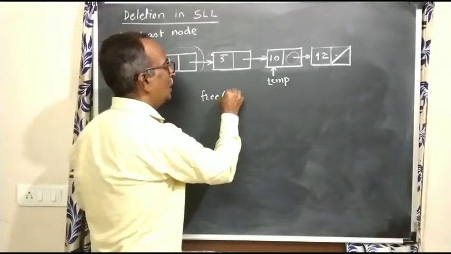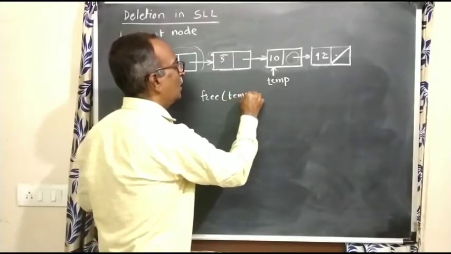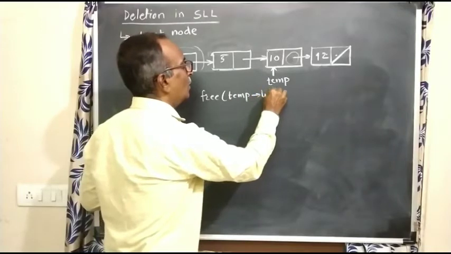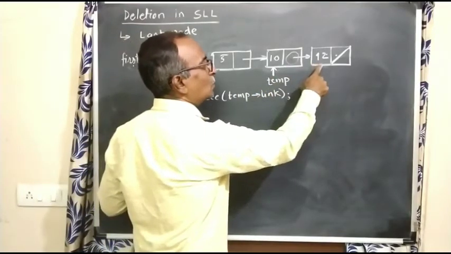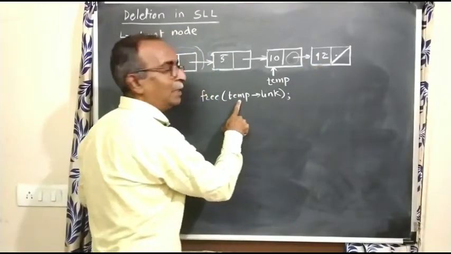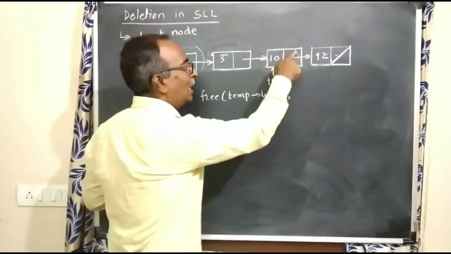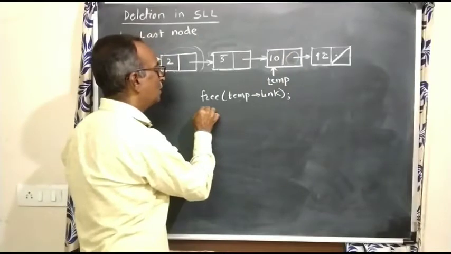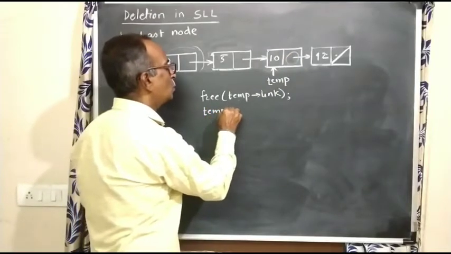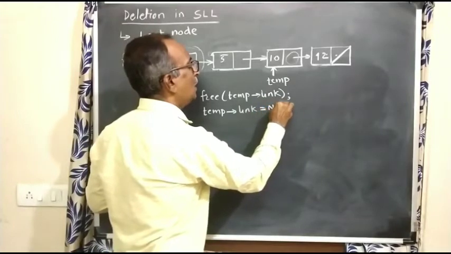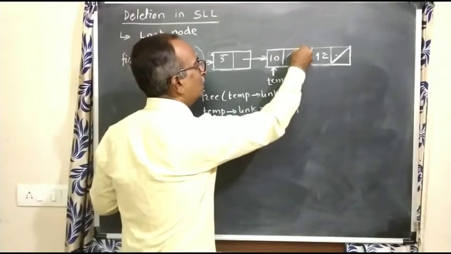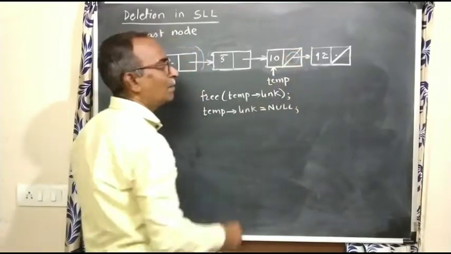Free temp's link, because that node, what is the address of the node we are freeing? Temp's link is pointing to this node. This memory we are freeing. You free that and set this temp's link. What should the temp's link field be? Temp's link field will be null. That's it. This will become null.